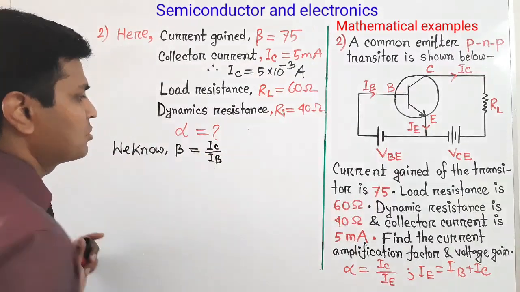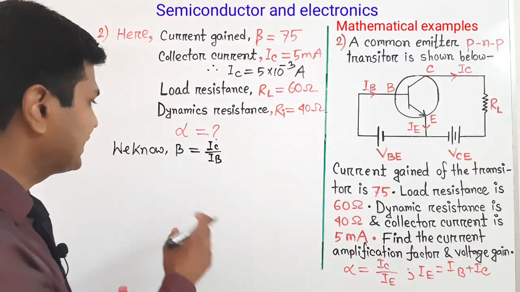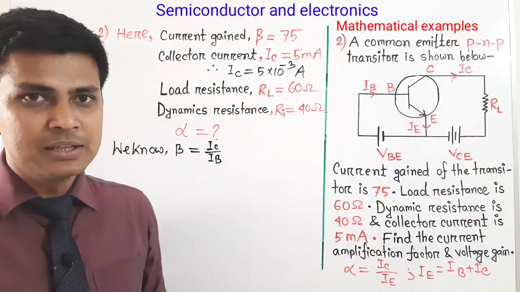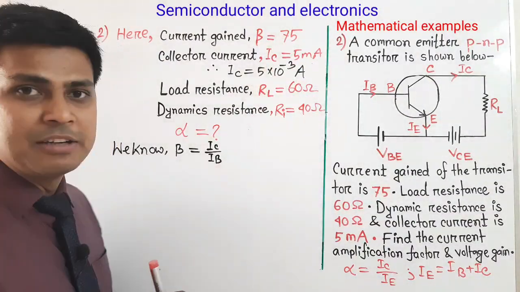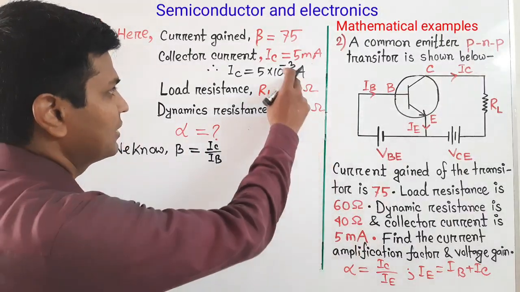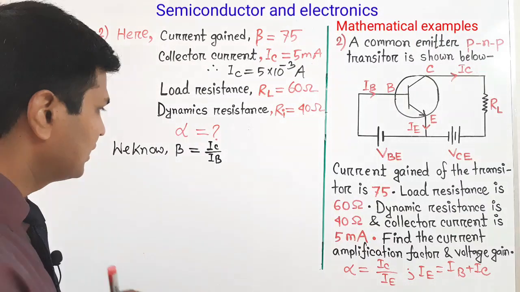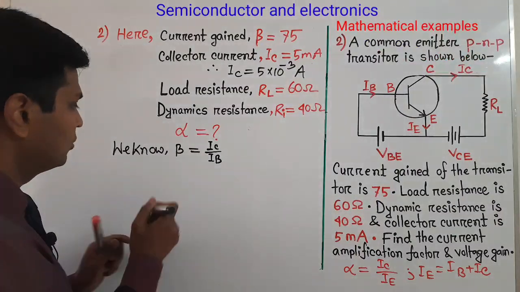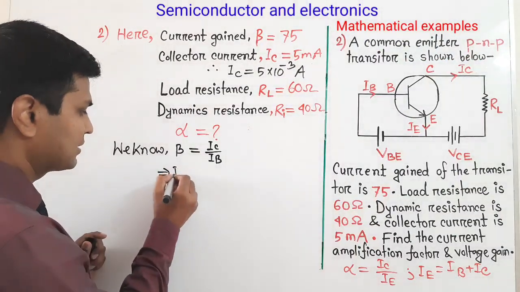This is the formula to calculate the current gain. Beta is given as 75, and IC, that is the collector current, is given here as 5 into 10 to the power minus 3. Then you can get the value of IB, that is base current.